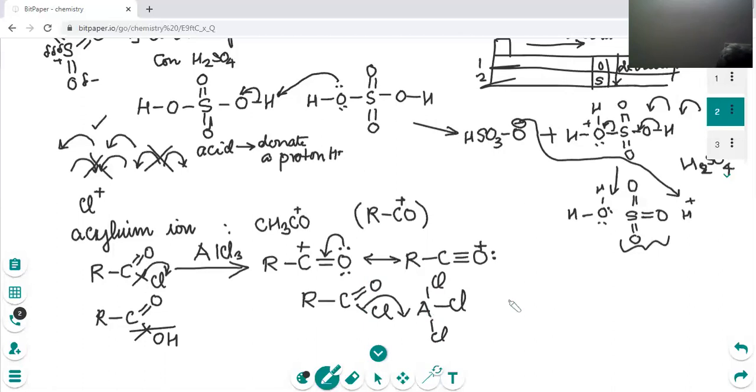And you get R C double bond O plus AlCl4 minus. Okay, and this is what is called acylium ion. So formation of acylium ion, you can use a Lewis acid for that. This is called a Lewis acid.